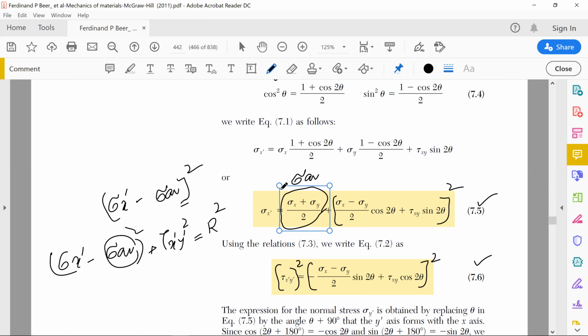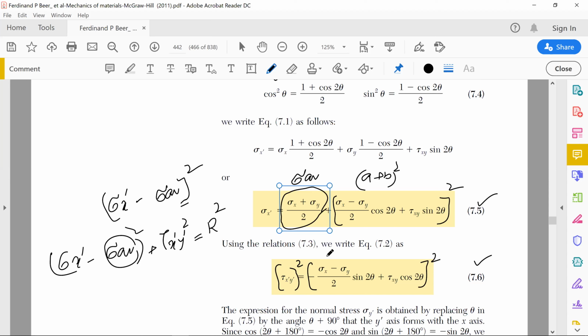He took a plus b whole square and again a plus b whole square over here, and then added them. Some terms will be cos square 2 theta, sin square 2 theta, sin square 2 theta, cos square 2 theta, and 2 cos 2 theta sin 2 theta with some constants before that.